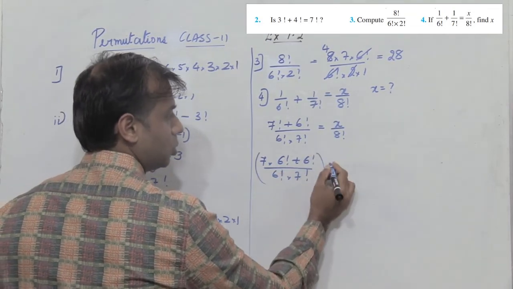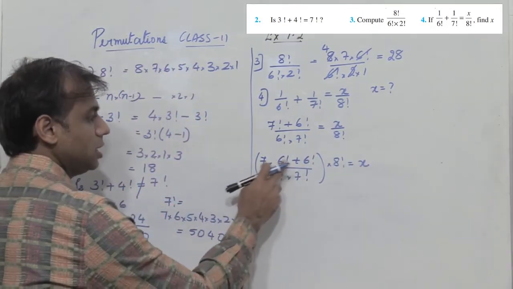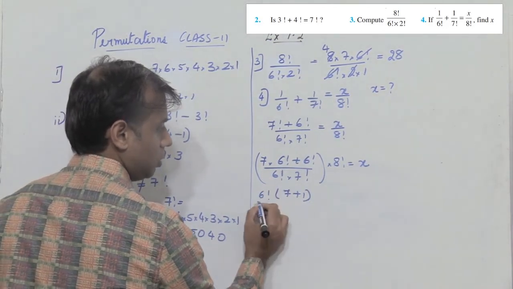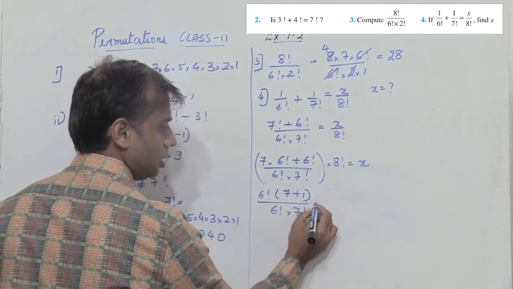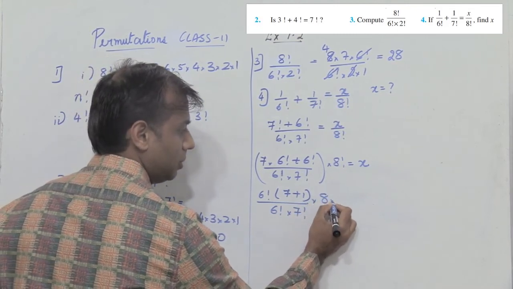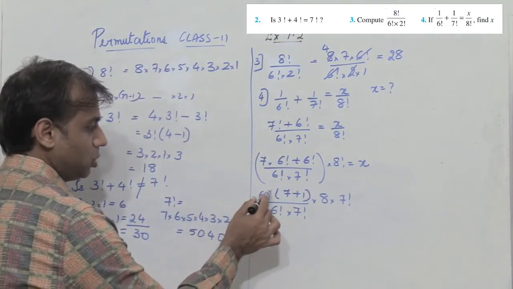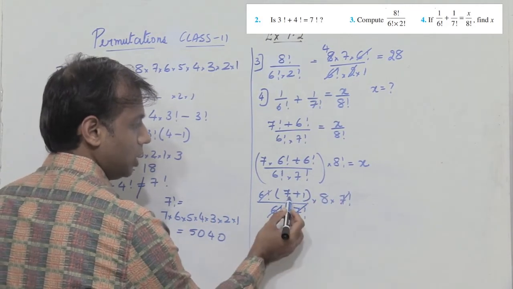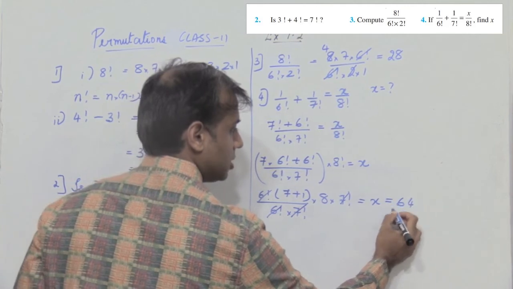Bring this 8 factorial to the other side equals x. So 6 factorial can be taken common. So you get 7 plus 1 divided by 6 factorial into 7 factorial into 8 factorial can be written as 8 into 7 factorial. So 6 factorial can be cancelled. 7 factorial can be cancelled. So you get 8 into 8, which is x, which is 64.